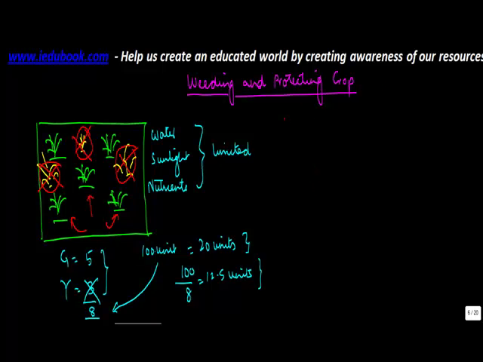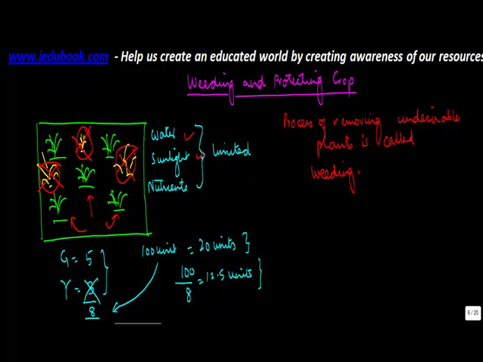And the process of removing these undesirable plants is called weeding. Weeding is necessary so that the water, sunlight and nutrients can go to the correct plant.